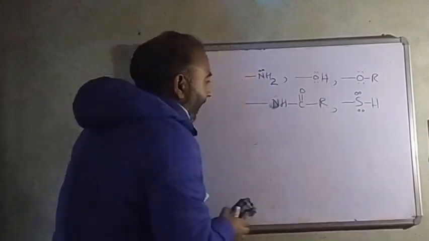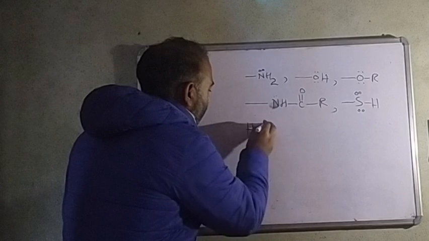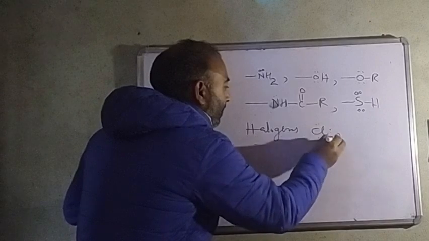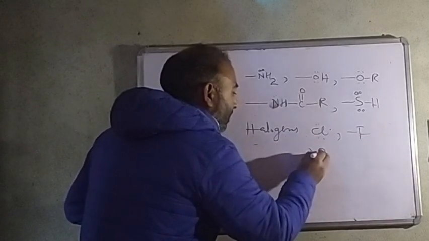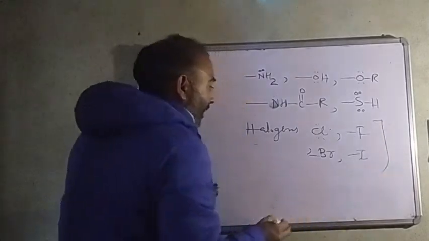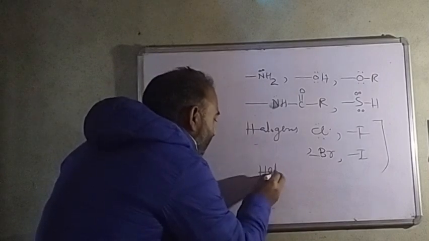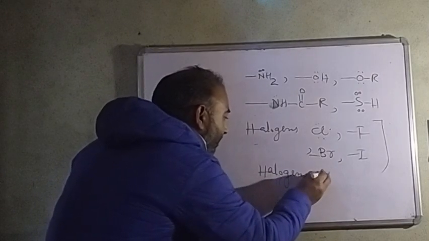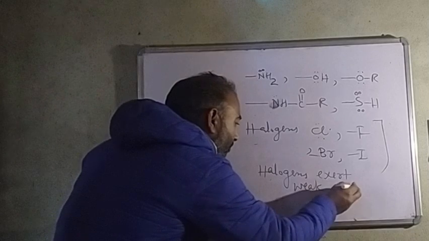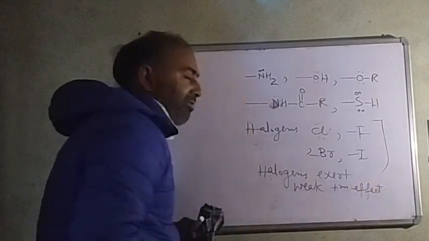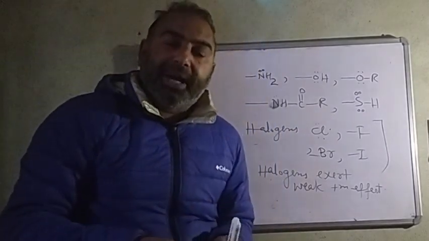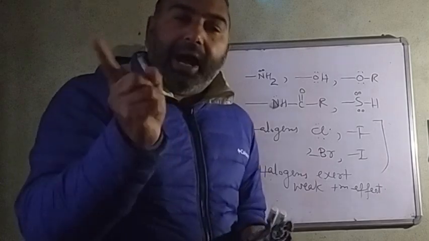And halogens: chlorine, fluorine, bromine, iodine. Halogens exert weak plus M effect. It's a very important point. Halogens exert weak positive mesomeric effect because they are more electronegative than carbon.